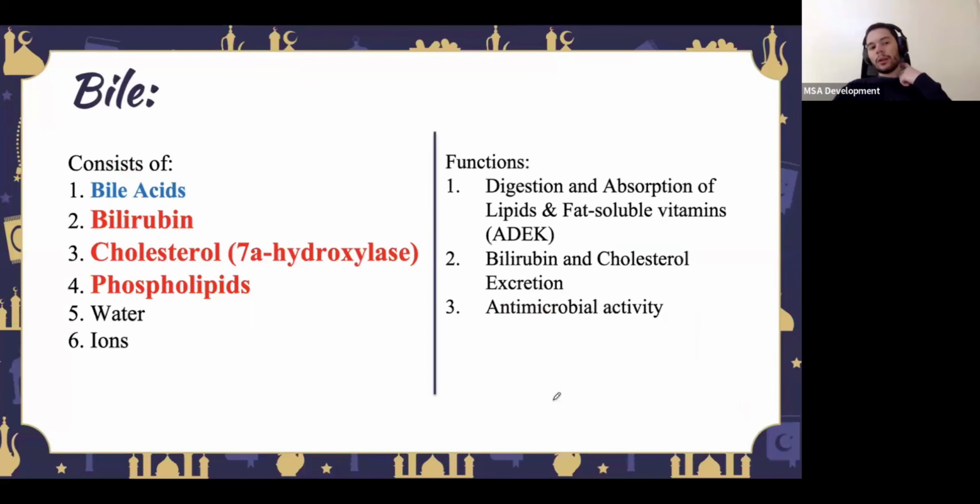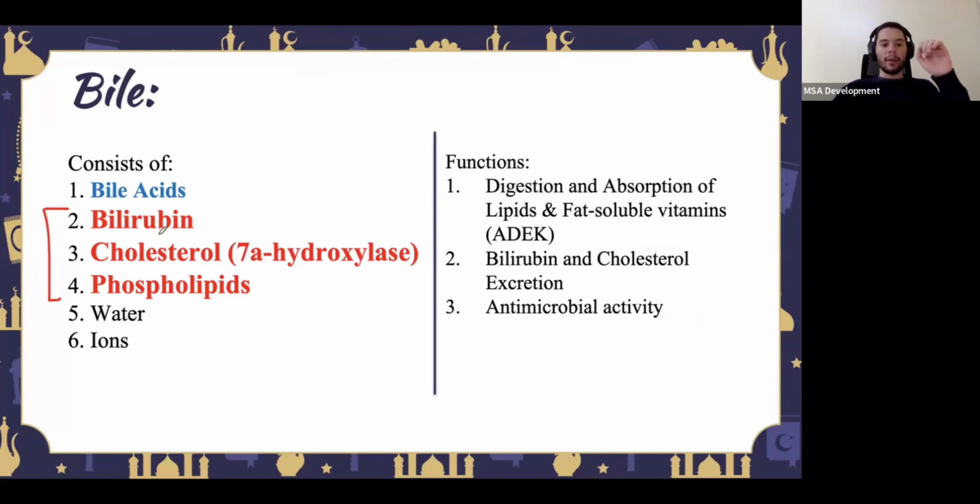Right. Now, quickly regarding bile. So bile consists of 6 things: bile acids, your bilirubin, your cholesterol, your phospholipids, water, and ions. Now, as you can see, I've marked those 3 specifically because you need to understand that those are the main things that control your gallstone formation.